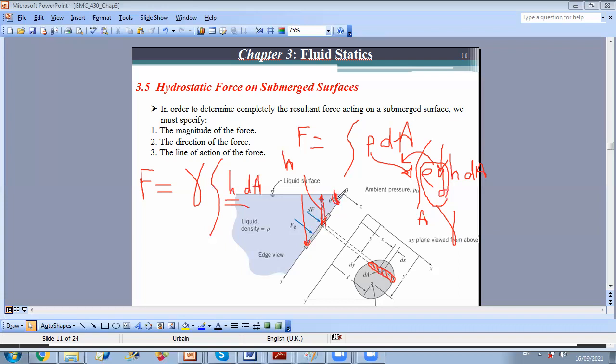The inclination of the surface is related to the angle theta. And since I am integrating over the area dA, what I will do is define a variable over the area. When I integrate over area, I need to relate H to a variable corresponding to my area.